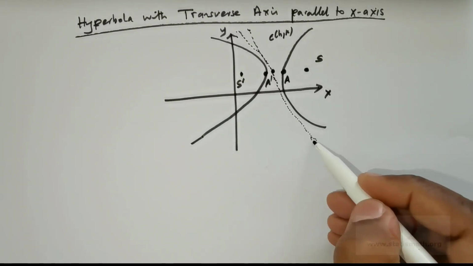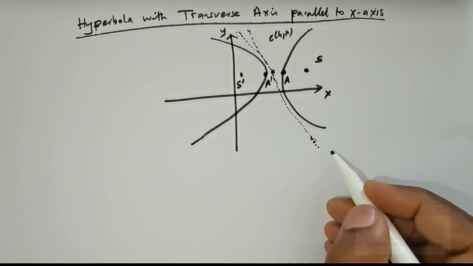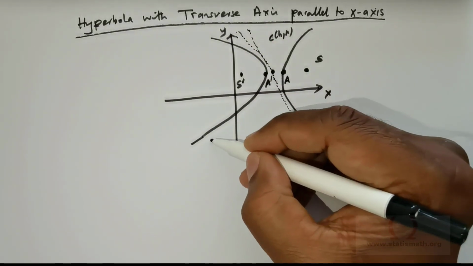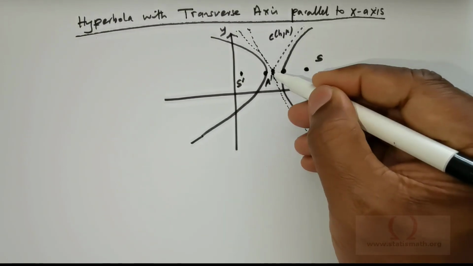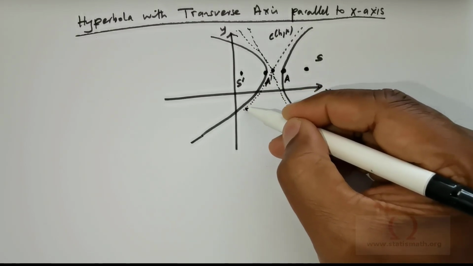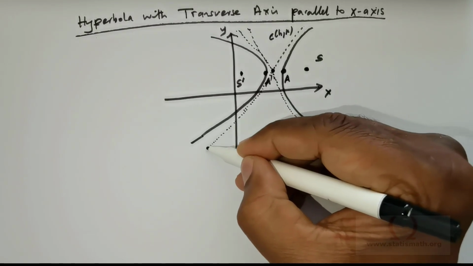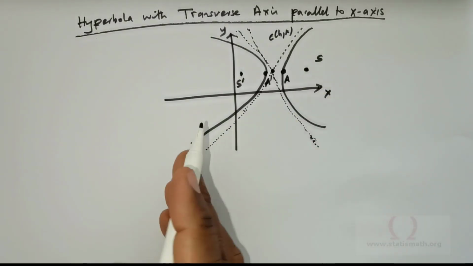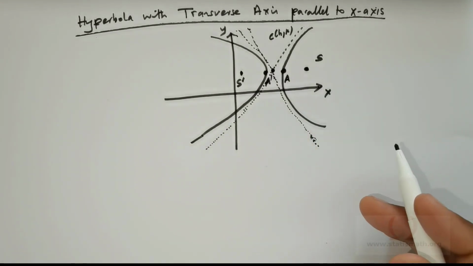I'm trying to make it straight. And similarly there will be another asymptote that is passing through the center. It will be more close to the curve.